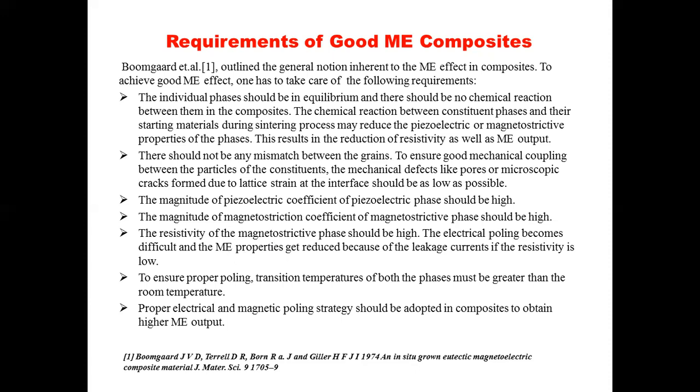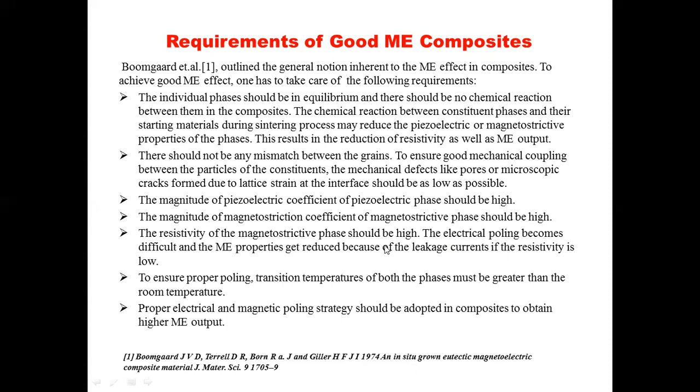The simple idea is that by experiment, or by our earlier experiments, our work on the ferromagnetic materials, it is very clear that the substitution of metal ions like magnesium will lead to an increase in the resistivity of the ferromagnetic material. That is the point. And next, the electrical poling.